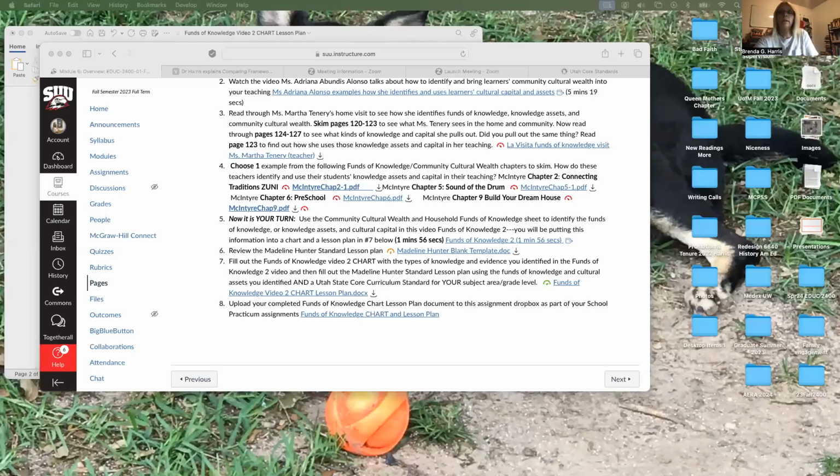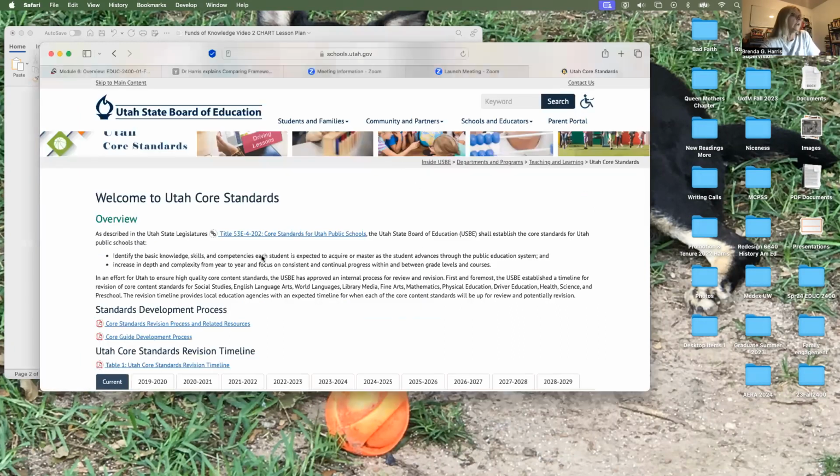State Core Curriculum. As a teacher, you are an employee of the government, and the state says, this is the knowledge that we want children and adolescents to learn. And so we have the Utah state core standards for curriculum.